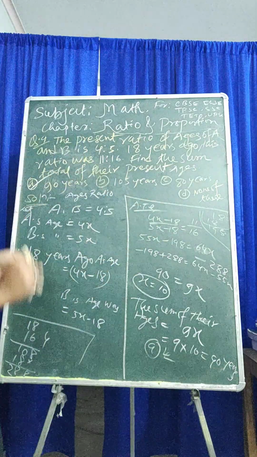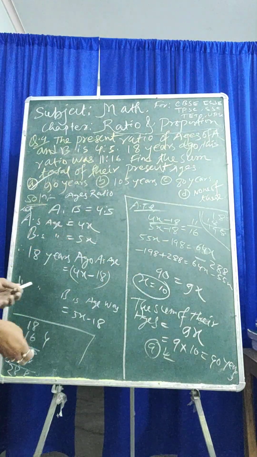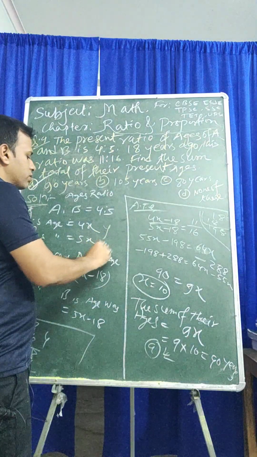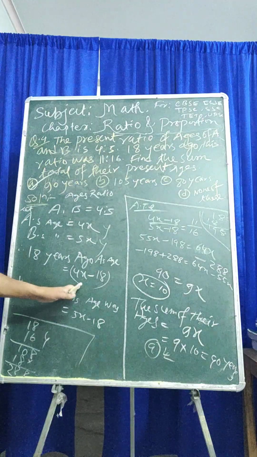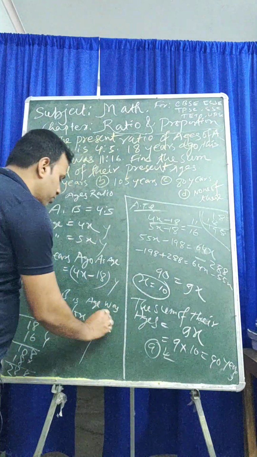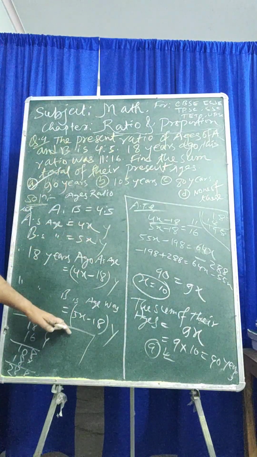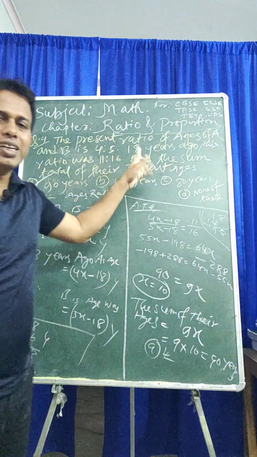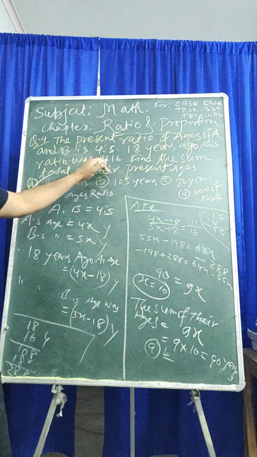Now I consider A's age is 4x years, B's age is 5x years. Now 18 years ago A's age was 4x minus 18 years, is it not, and B's age is 5x minus 18 years. Now according to the question, this by this is nothing but 11/16. That is, this is to this is equal to 11:16.